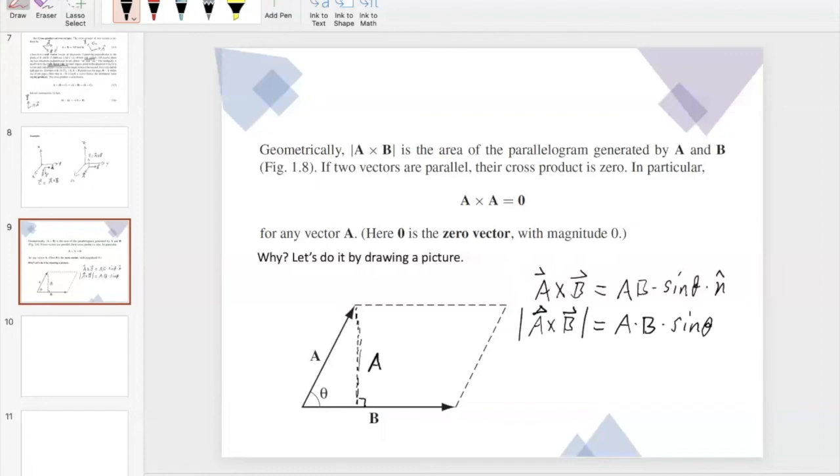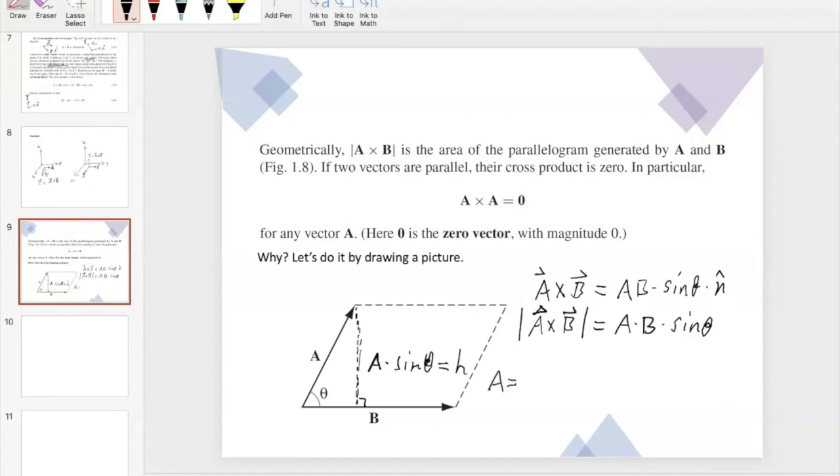It's A times sine theta. A times sine theta equals this dashed line. What is that in this parallelogram? It's the height, h, right? Do you remember how to calculate the area of a parallelogram?